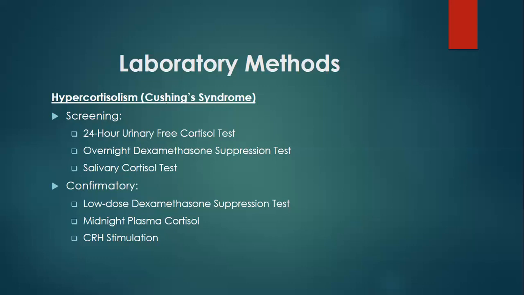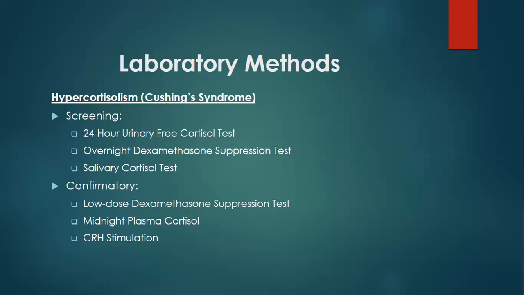Then we also have what we call the overnight dexamethasone suppression test. So your overnight dexamethasone suppression test is the most widely used screening test for your Cushing syndrome. So how do we do it? A 1 milligram of dexamethasone is given to the patient. So the patient takes it orally between 11 p.m. and 12 midnight.